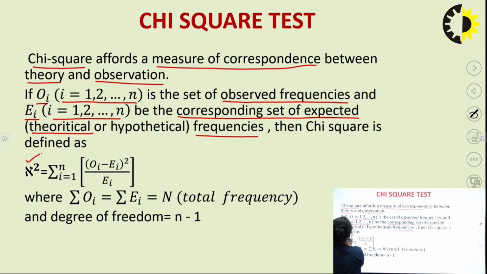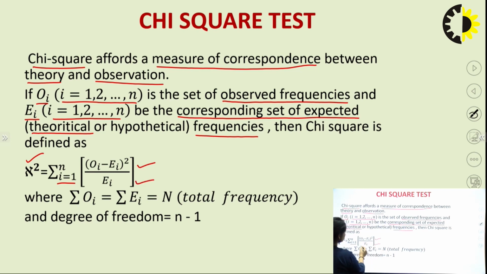Chi-square is equal to summation taken over all the values. That means if we are taking n items, then i goes from 1 up to n. This is (O_i minus E_i) whole square in the numerator divided by E_i in the denominator.